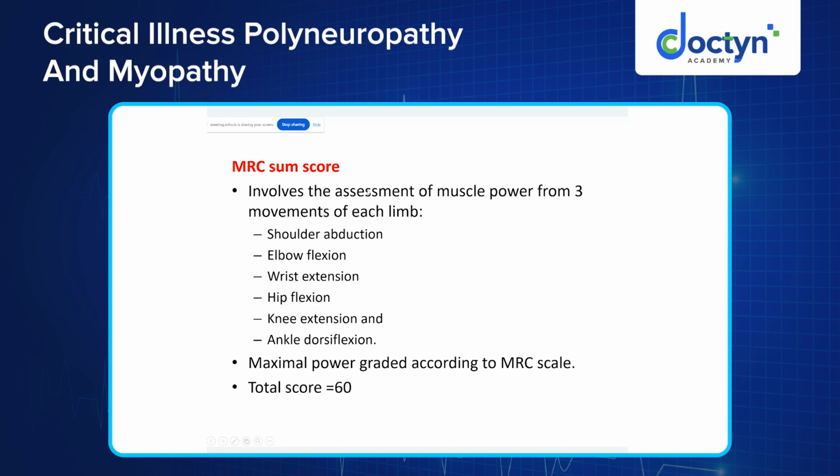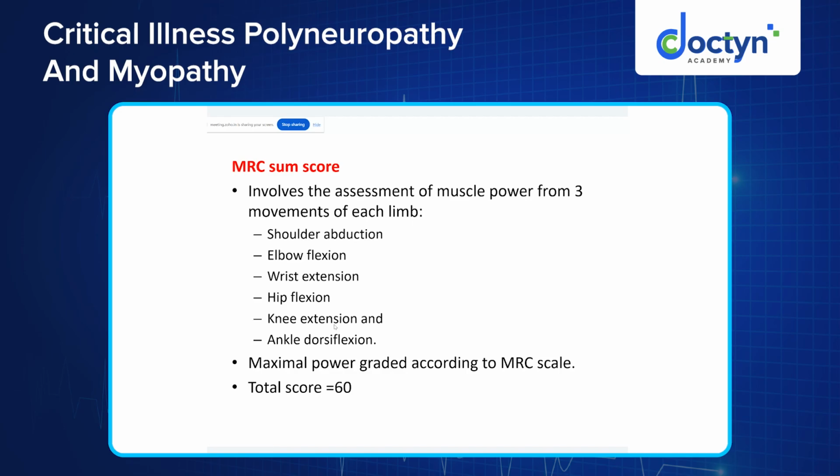So the modified Medical Research Council, that is the muscle power score, how is it calculated? It involves the assessment of muscle power from 3 movements of each limb. What are those movements? You do a shoulder abduction, check whether the patient is able to do elbow flexion or wrist extension, and assess hip flexion, knee extension, and ankle dorsiflexion.